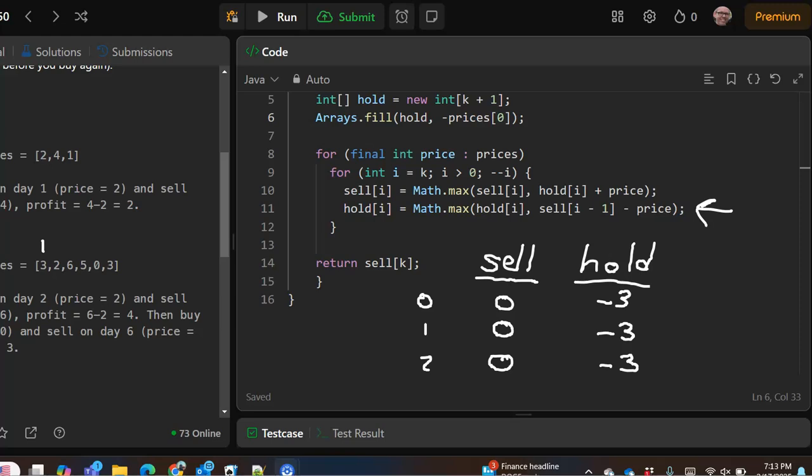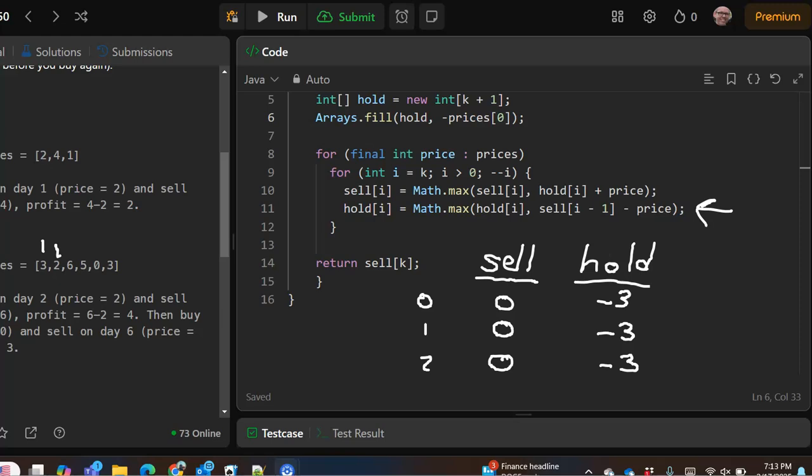So let's go through this. We're going to start with day 2, because we've already initialized it based on day 1. We can either do nothing and be at 0, or we can buy the stock on day 1 and be at -3. Okay, we go to day 2. We have a 2 here. Now, we're going to update the profit in the case that we sell the stock today, which would be the maximum of, actually, we're starting on index k.